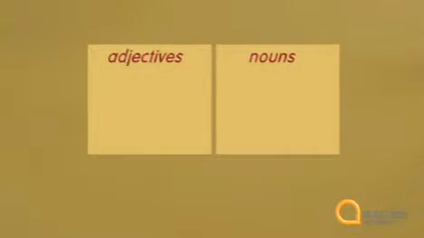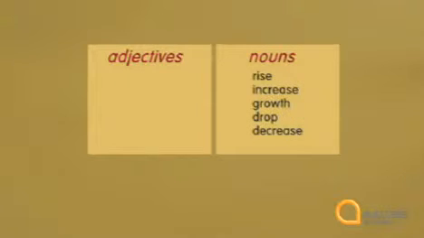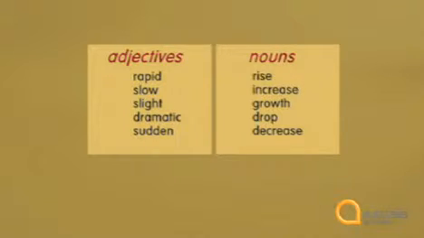To describe numbers going up, we can use nouns like the rise, the increase, or the growth. And to describe numbers going down, we can use the drop or the decrease. Then we've got adjectives to describe those nouns, like rapid, slow, slight, dramatic, sudden, or consistent.